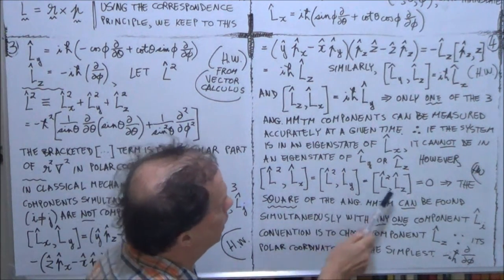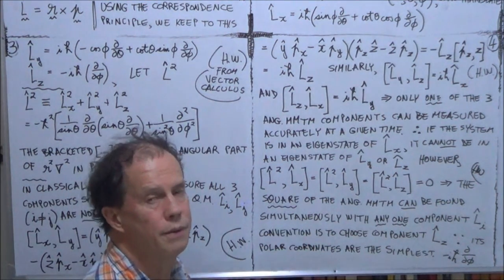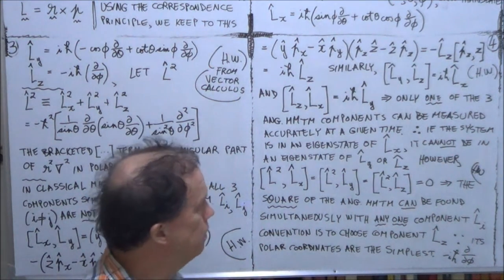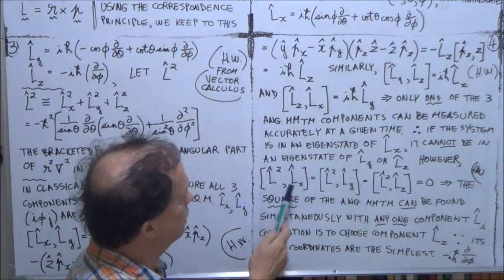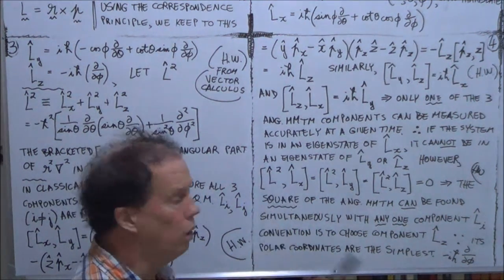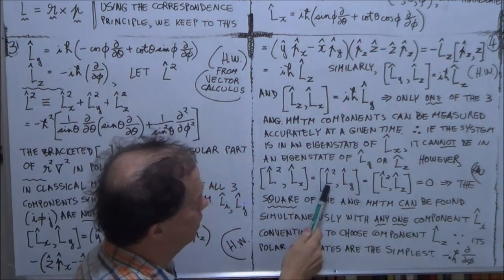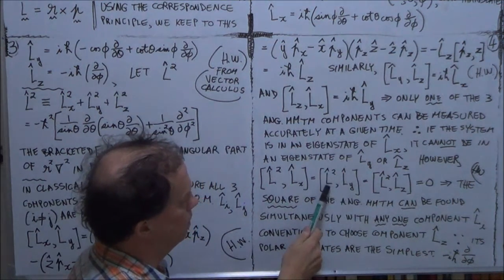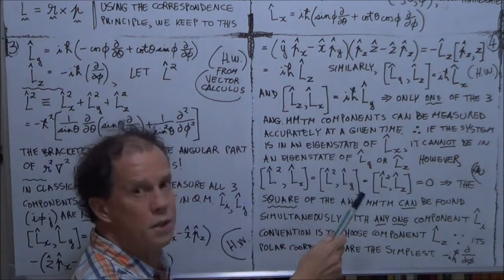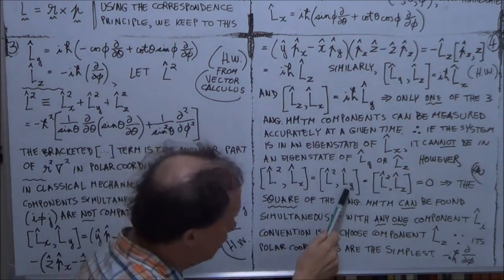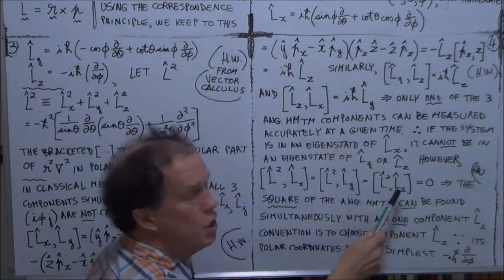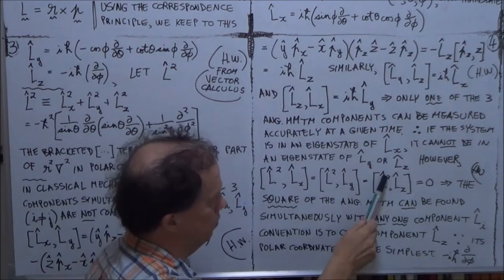Now Lx, Ly and Lz are incompatible. They do not share the same set of eigenfunctions, but Lx shares the same eigenfunctions with L squared, or Ly shares the same eigenfunctions with L squared, or Lz shares the same eigenfunctions with L squared.